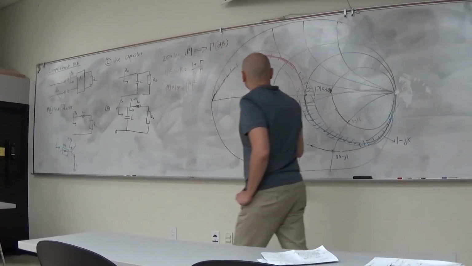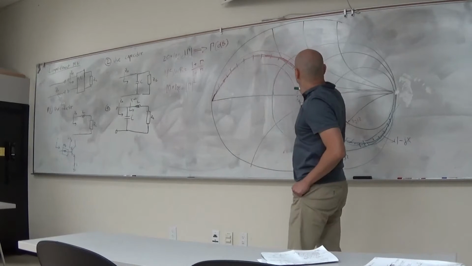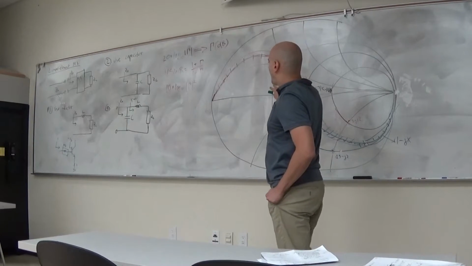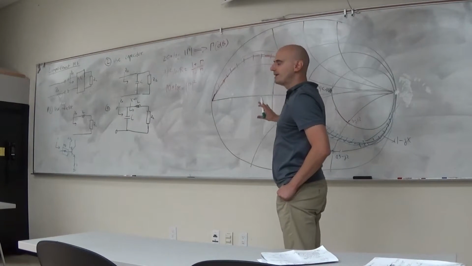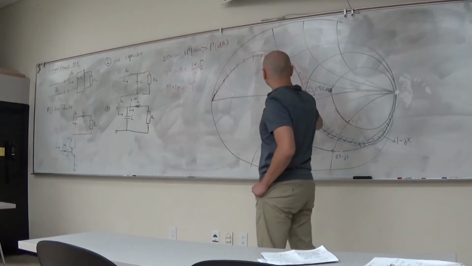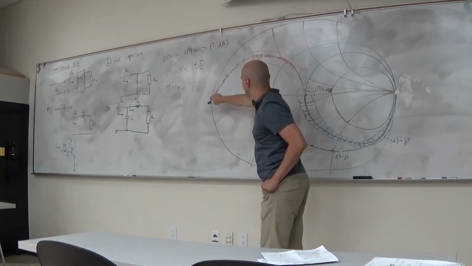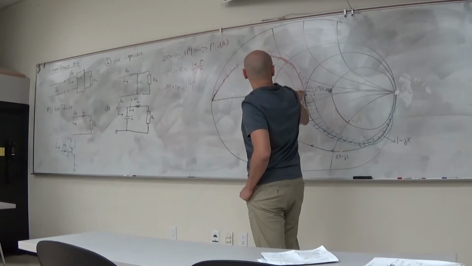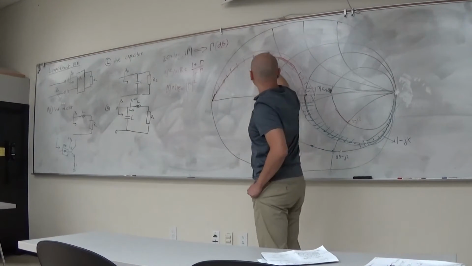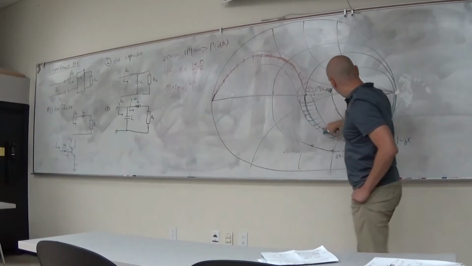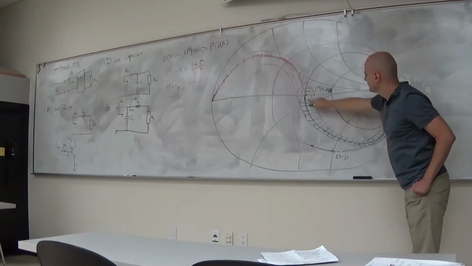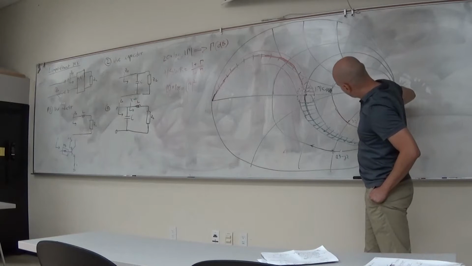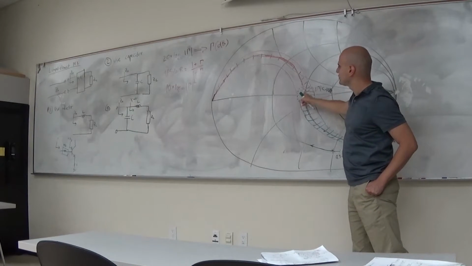So now I know where I have to move my ZL. I need to move my ZL to this semicircle, because then this impedance, which I'm calling Z1, will become Y1 on the Y chart, and then I can just use a shunt capacitor to move it to the center.